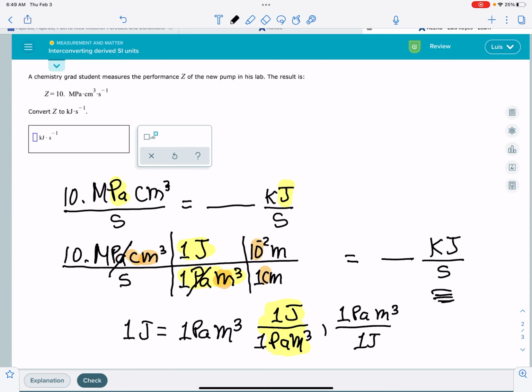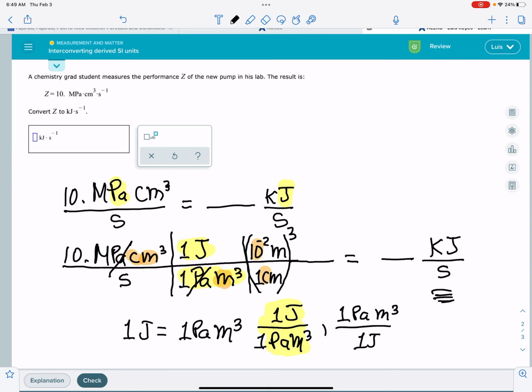However, notice also that the one I'm trying to get rid of is cubic. So that means I'm gonna have to cube all that. Remember when we did powers? If not, review the lectures. So when I cube that, I'm gonna be cubing the 10 to the minus 2, I'm gonna be cubing the meter, and I'm gonna be cubing the centimeters.